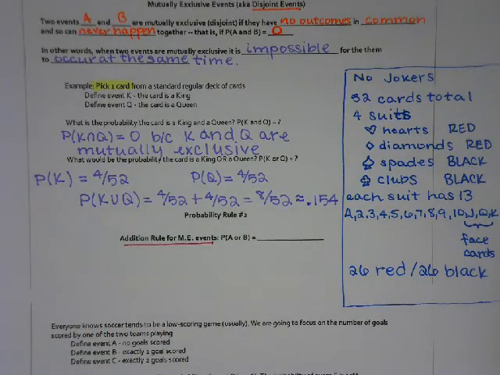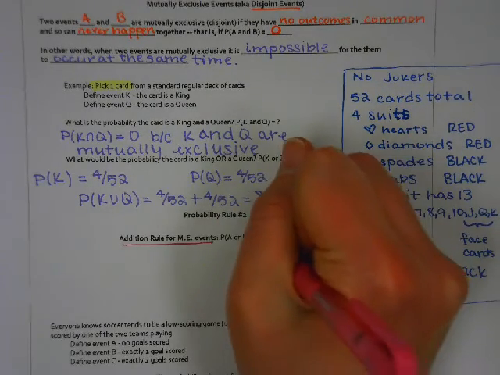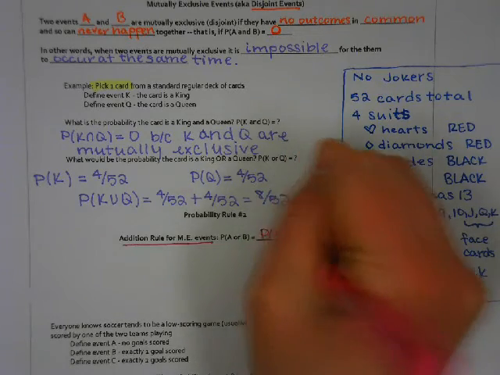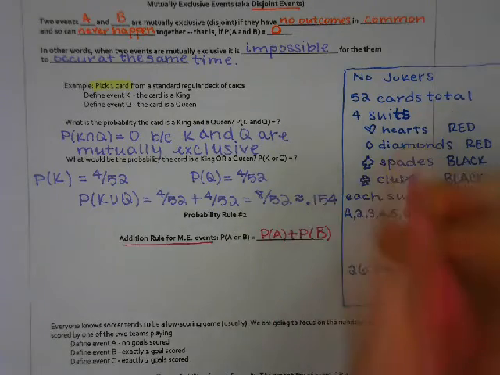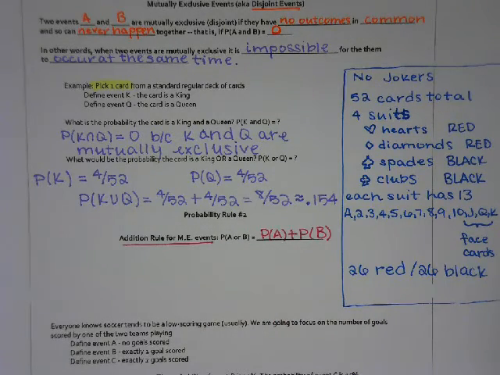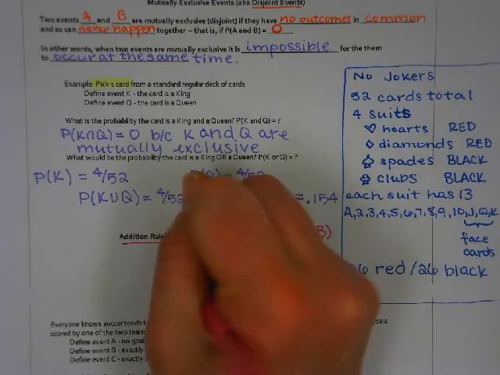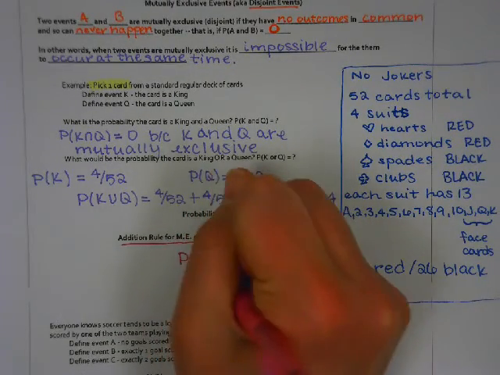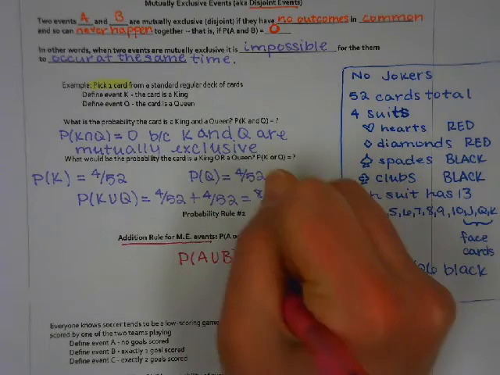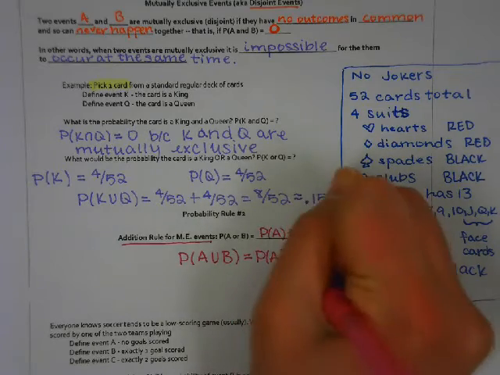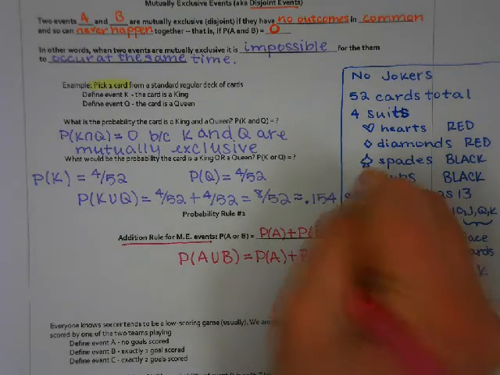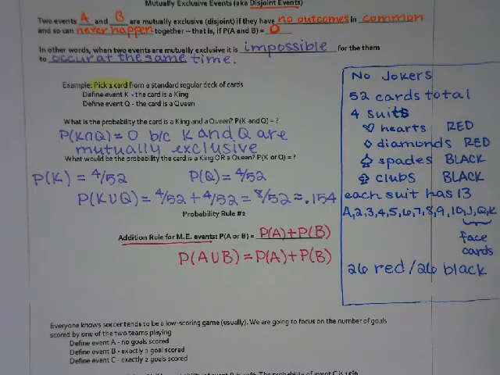So the probability of A or B can be found by taking the probability of A plus the probability of B. And just to hopefully ingrain it in your head, the alternative notation. I don't mind writing out the word, but you guys do need to know them. I will throw those in there sometimes.